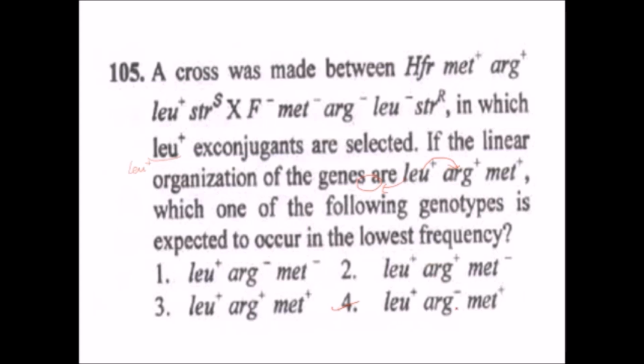But instead of arginine, you can see that methionine is transferred to the F minus or recipient bacteria, but arginine is not transferred with it. So is it possible? It is not even possible. If it somehow happens, it will be in the lowest frequency. The answer will be number 4.